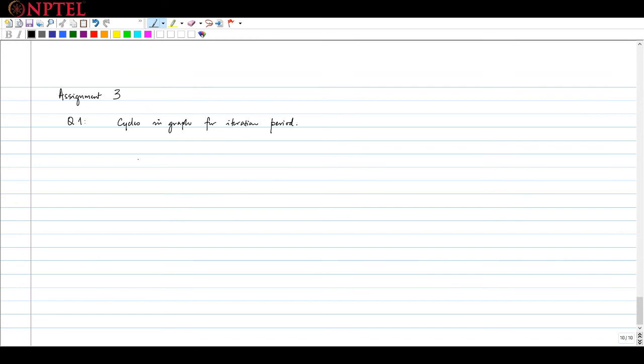Okay, and the example that we took was essentially this one, which has a form of an IIR filter, right?